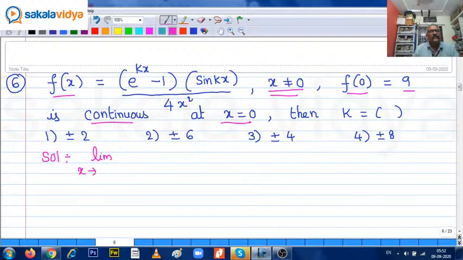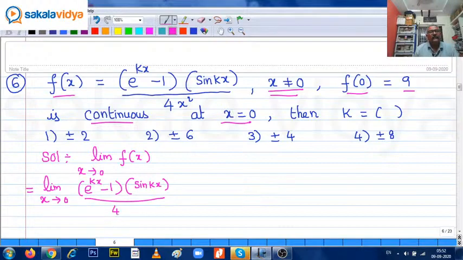Limit x tends to 0, f of x is equal to limit x tends to 0, e power kx minus 1 times sin kx upon 4x square.